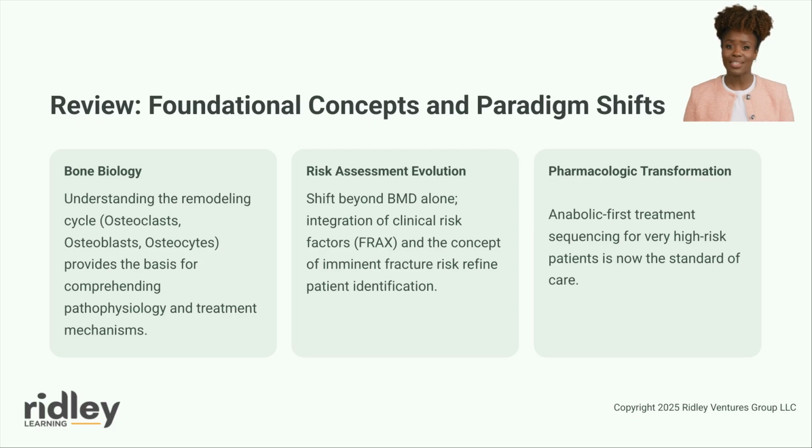The evidence demonstrating that prior anti-resorptive therapy blunts subsequent anabolic response, combined with data showing superior fracture reduction with anabolic-first approaches in very high-risk populations, has established sequential therapy as the standard of care for patients with recent fracture, very low BMD, or multiple risk factors. Rehabilitation professionals who understand these sequencing principles can support timely referral and reinforce the importance of completing anabolic therapy courses before transitioning to anti-resorptive consolidation.